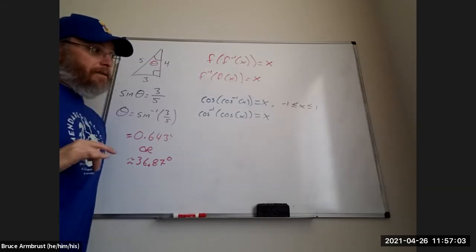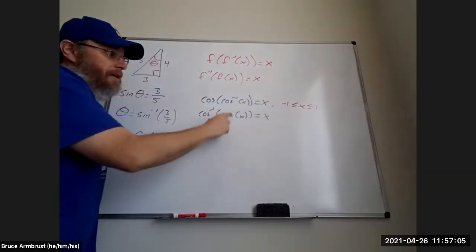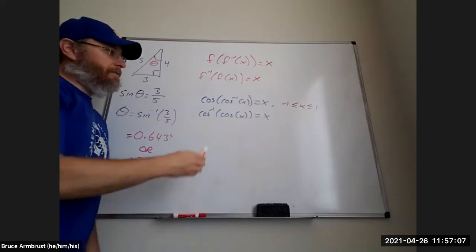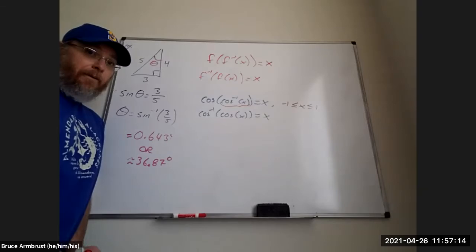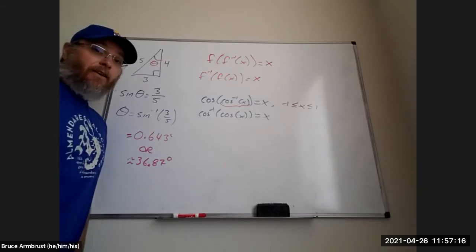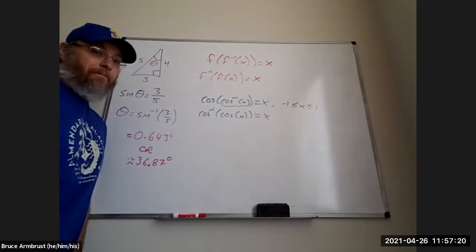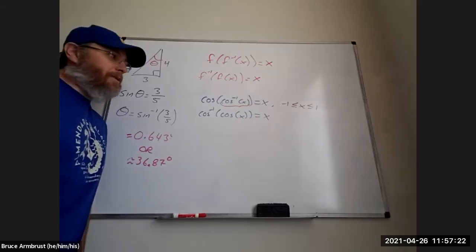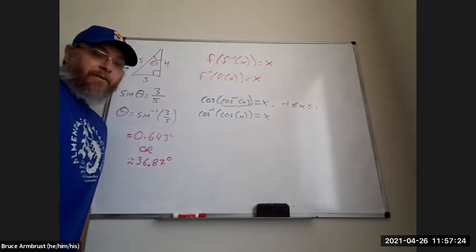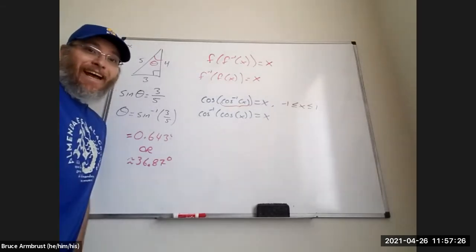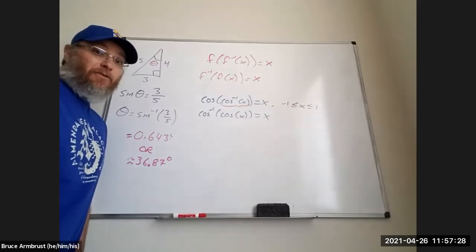And the reason that has to be the case is if you look at the inside of this function, the first piece of the function, we're doing the cosine inverse of that number. And we already saw that the only numbers we can plug into inverse cosine are those between -1 and 1. So if you were to try to plug in the number 2, it's going to break down because cosine inverse of 2 doesn't exist.